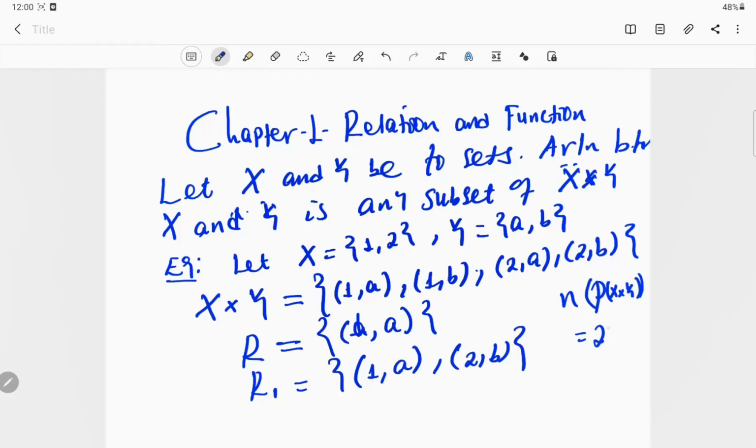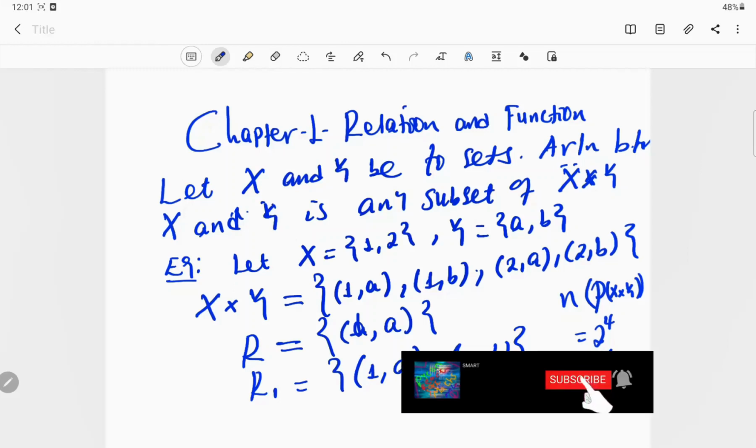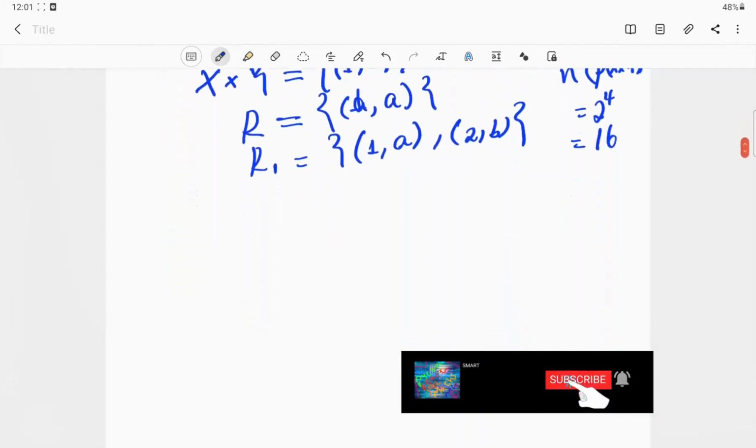For us n is 4, so that is 16. That means this set has 16 subsets, so you can take any of the 16 to give an example of a relation.